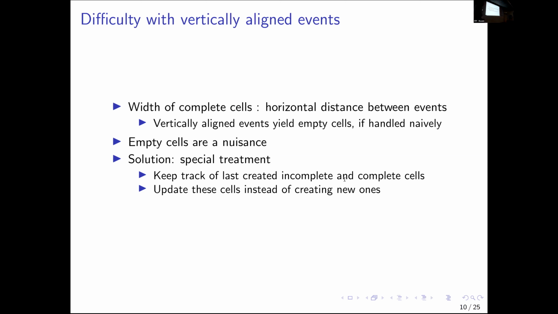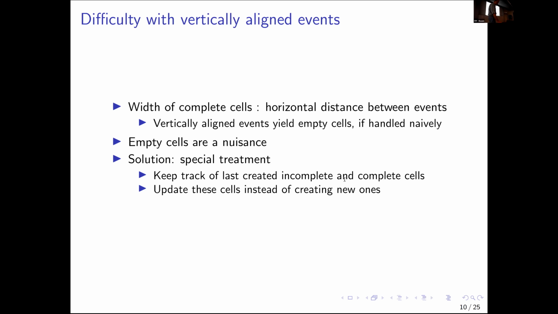Now, one of the difficulties of this algorithm is that I don't want my cells to have an empty content, because if I have two vertically aligned segments, then the cell is going to be very, very flat, and certain paths that are safe when a cell has non-empty space become dangerous.